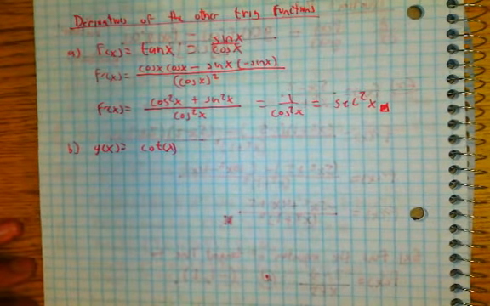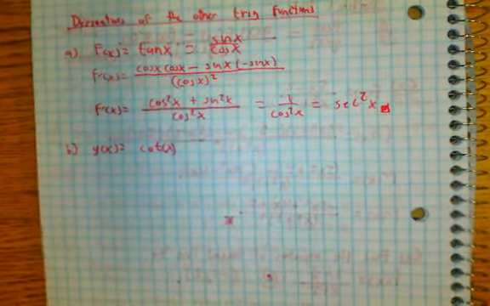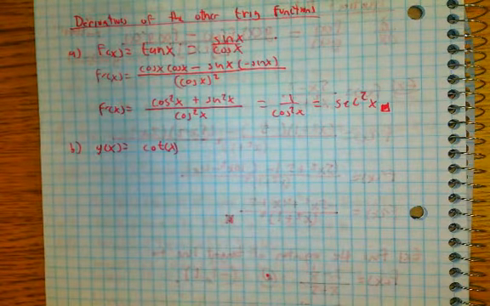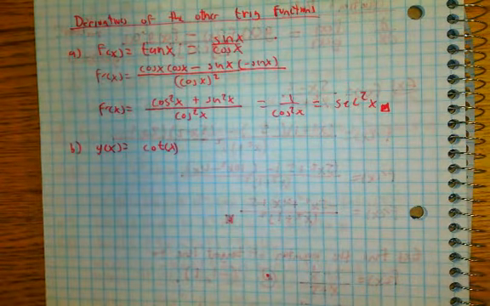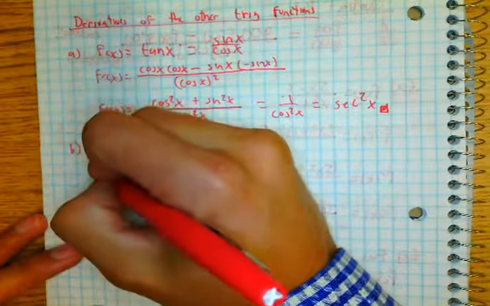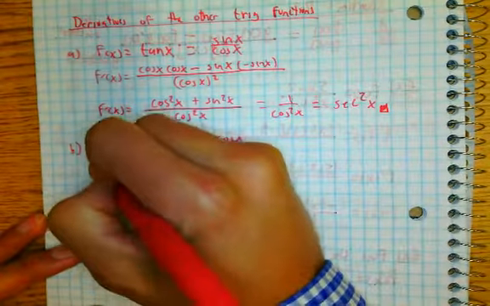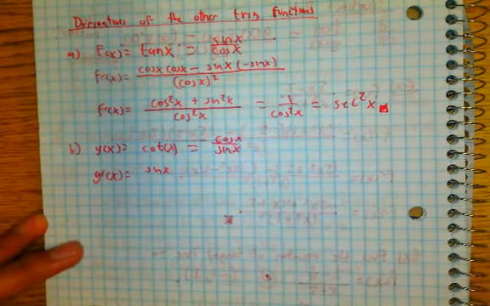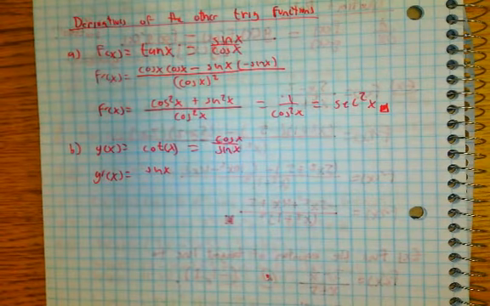So we have g prime of x equals sine x times the derivative of cosine, which is negative sine, minus, I'm going to leave cosine x and multiply by the derivative of sine of x, which is cosine x, all over sine square of x.